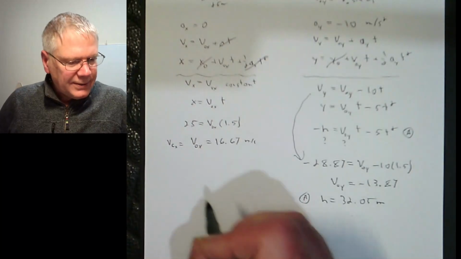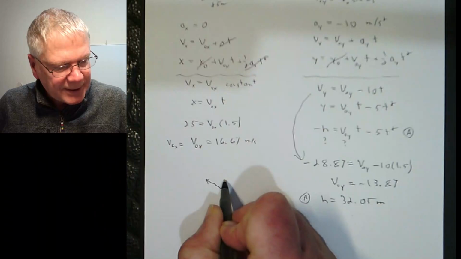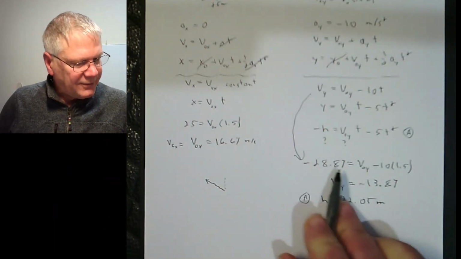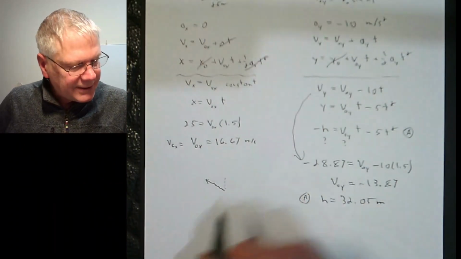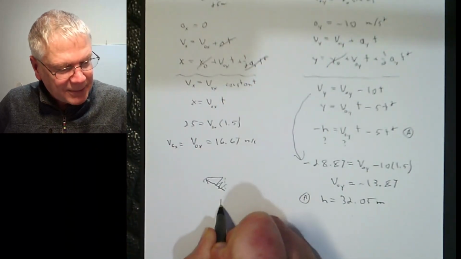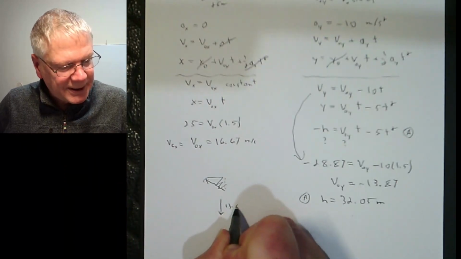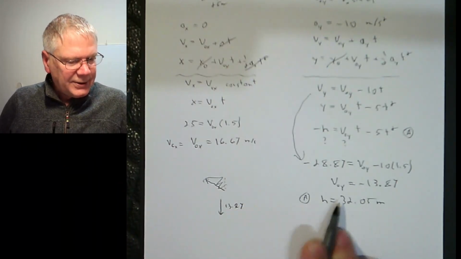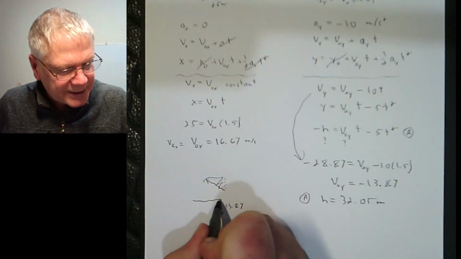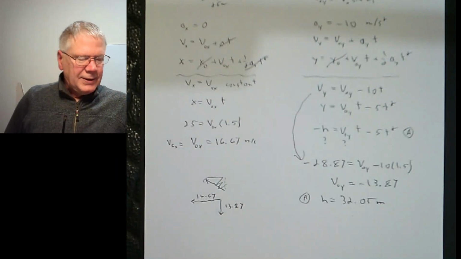So we now know that the initial y velocity is minus, so downward, 13.87. And the initial x velocity is 16.67.